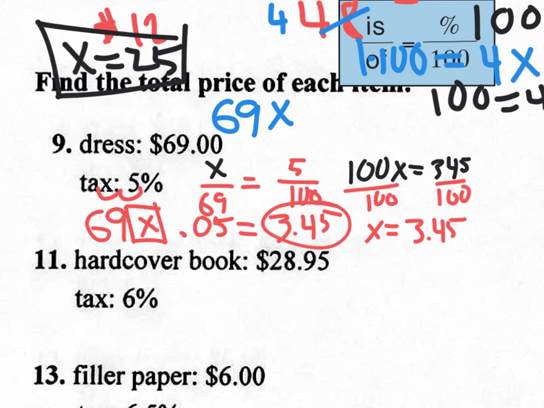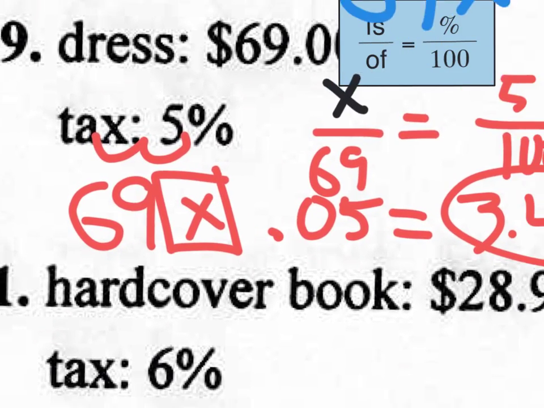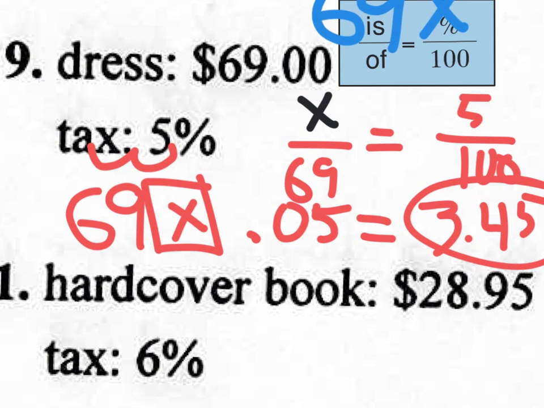Now, let's go back to the actual work here we did on the calculator. If I go 69 times 0.05, that's 5%, I know that I get this tax rate. But if I wanted to include the original 69, I could put a 1 right in front of my decimal, because 69 times 1 is 69.